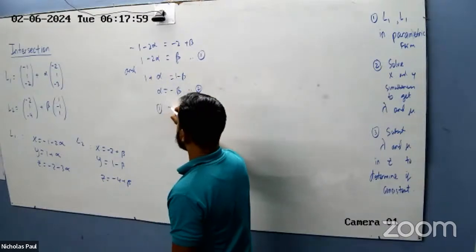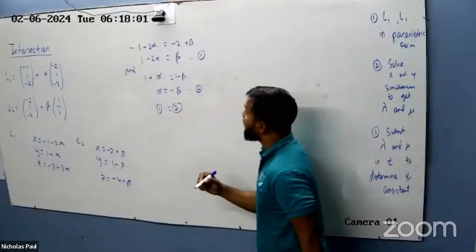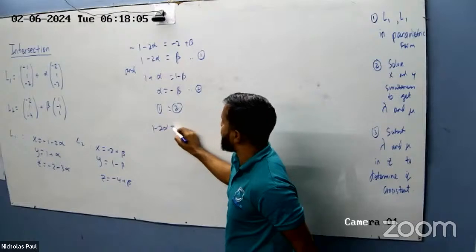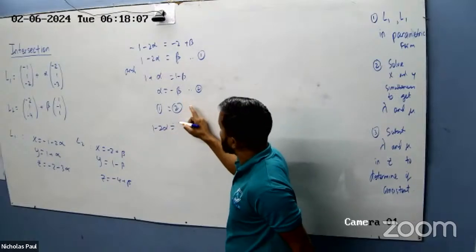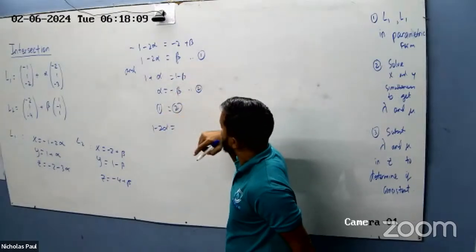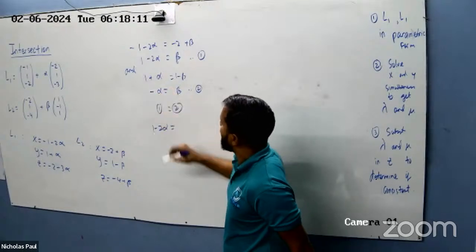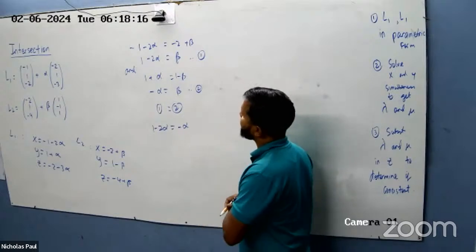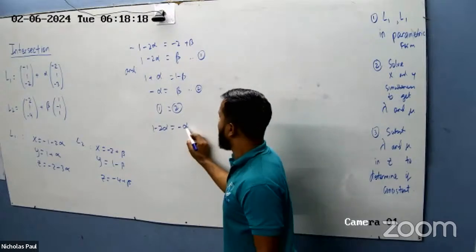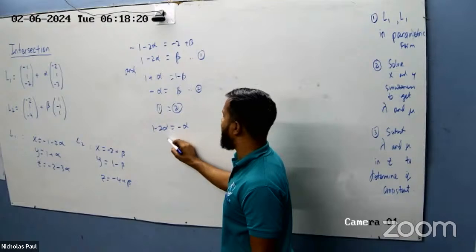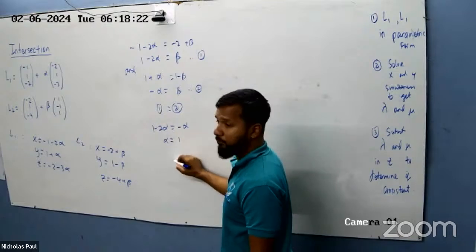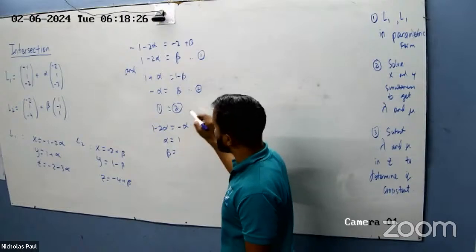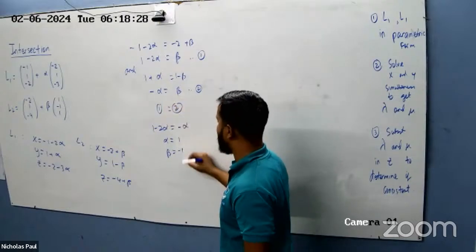So substitute 1 into 2, so you'll get 1 minus 2 alpha is equal to minus alpha. Okay? So when you carry it here, I got alpha to be 1, and beta will be -1.